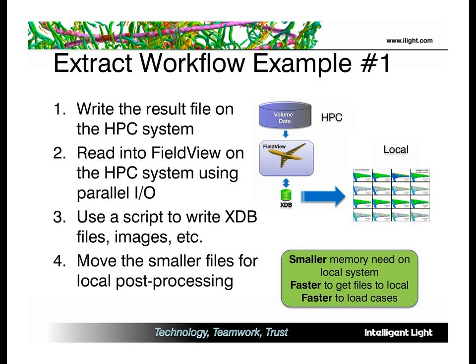It's faster to get the files across to the local system, even if you're transferring all the way across the world, because they're smaller. It's common sense. And it's much faster to load cases on your local workstation. Lots and lots of benefits. So again, the volume data exists, it's read on the HPC resource, converted to the XDBs, and then only post-processed or touched on the local system.